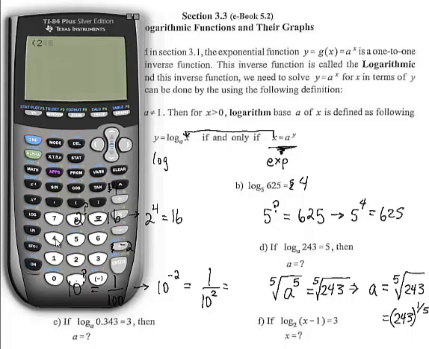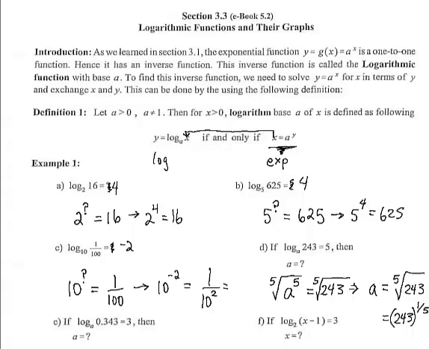And so I type parentheses 243, and then on the outside of the parentheses I raise it to the power of 1 divided by 5, enter, and I see that that number is 3. So A equals 3, answering our question here.